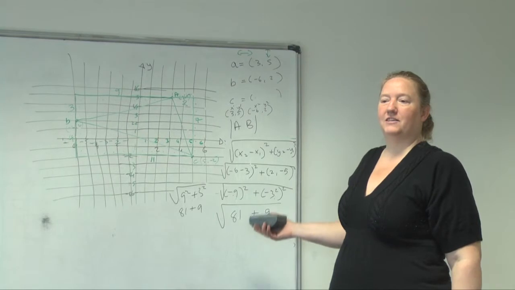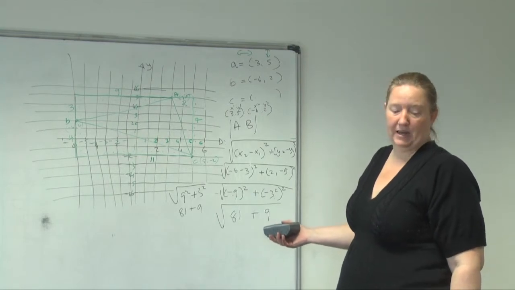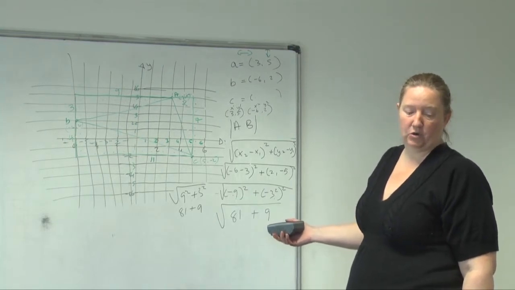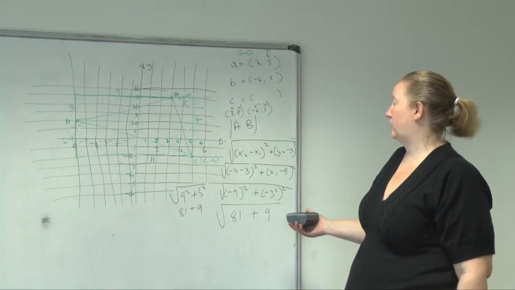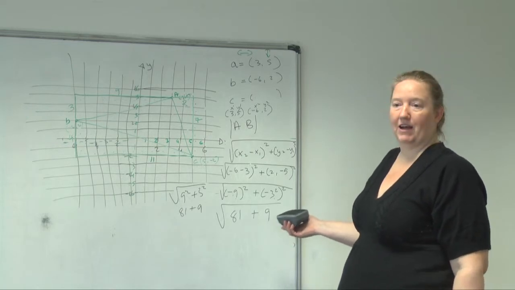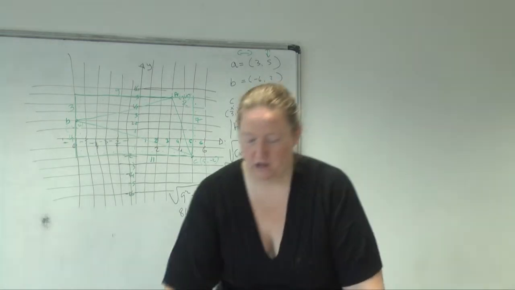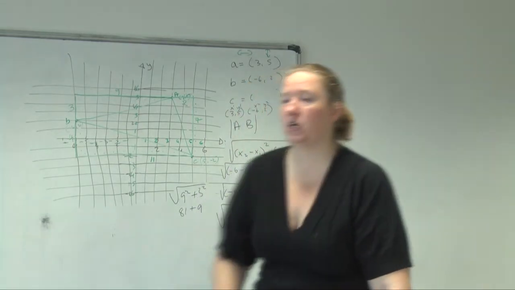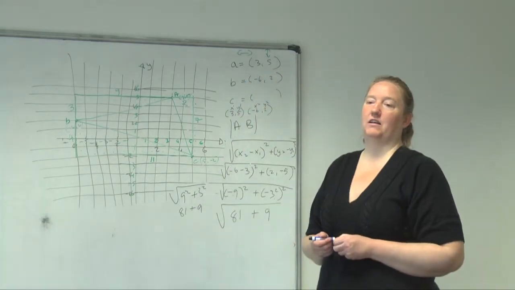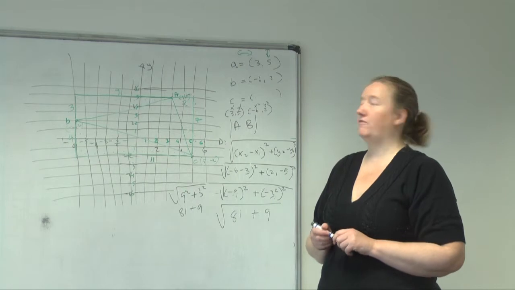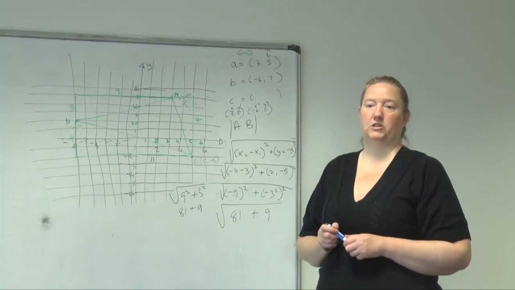So use your answers or otherwise in part A to show, in part B, to show that the triangle is not a right angle. Okay? Well, this is getting your slope. If it's a right angle, then the slope at a right angle will be a perpendicular slope.